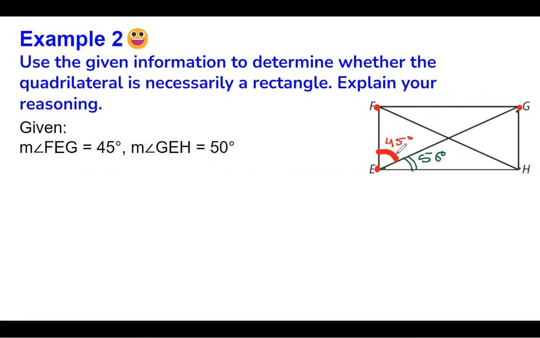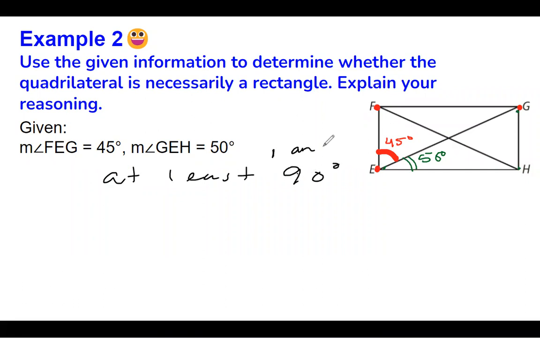So we have one angle that measures 45, the other one 50. What do you think? Are we going to have a rectangle or not? Why not? It doesn't equal 90. We have to have at least one angle that is 90 degrees.